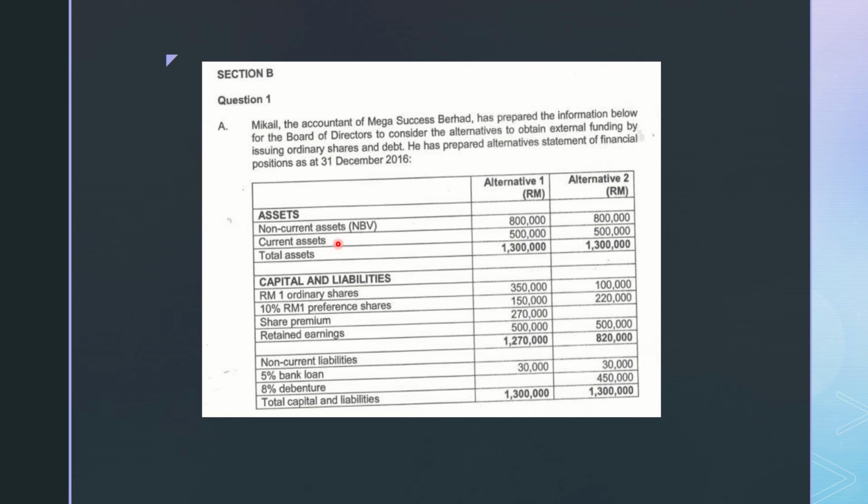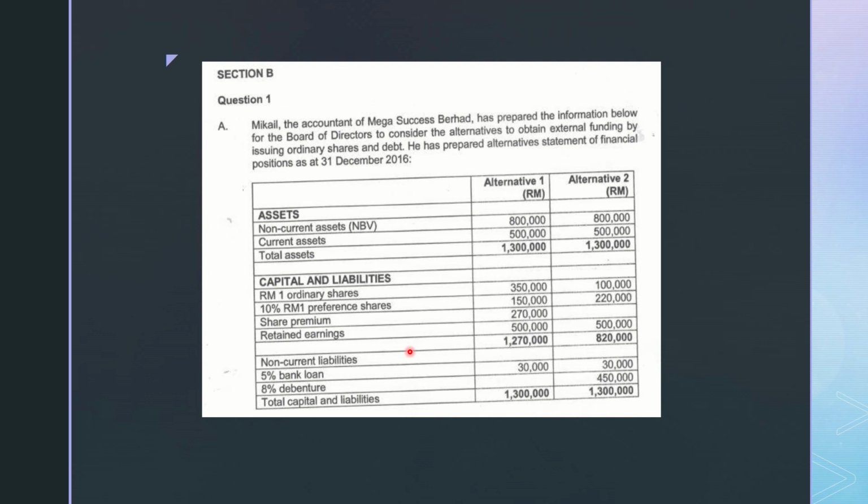So in the statement of financial position, you have the amount of assets, capital, and liabilities only for non-current liability, but not for current liability. So you have to assume that some of the items in this statement are not paid during this current year, but will be paid by next year.